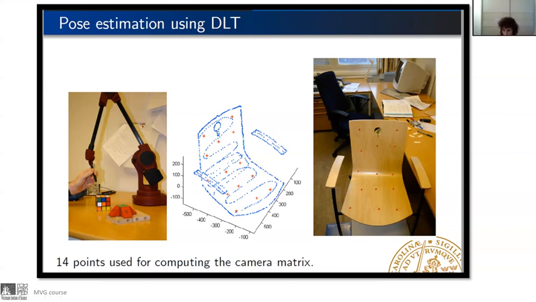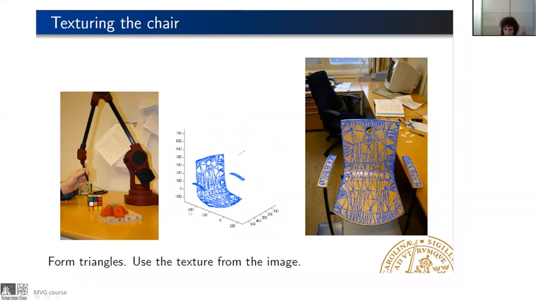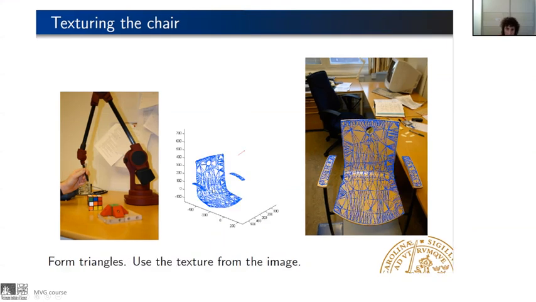Okay, so I can calculate the camera matrix, and I do it by using the DLT algorithm that we just said before. And now, because I already have the camera matrix, I can take all the 3D points and project them onto the chair, like here. Next, what can I do with this? I can now take the 3D points and make a triangulation, a mesh of triangles, like here.